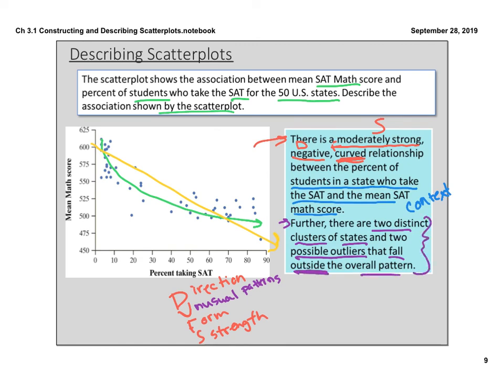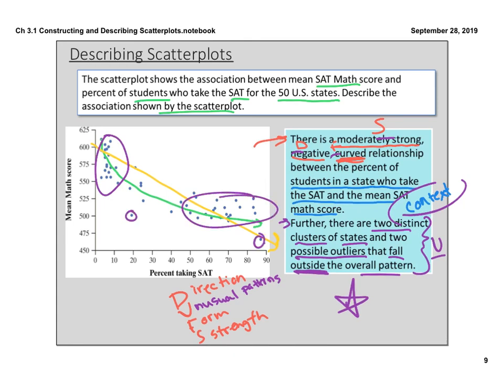This whole sentence right here is your U. There's your D, there's your U, there's your F, there's your S, here's your context. Boom. That's what you need for an E. If this were a free response question on your AP exam, that statement right there is what you would need. They're looking at this little cluster right here, by the way, and this little cluster, and they see that outlier and that outlier, if you're looking for where they got all of that information.